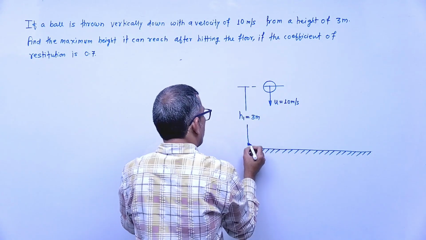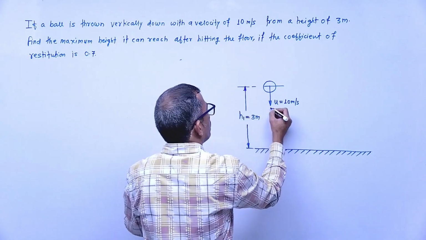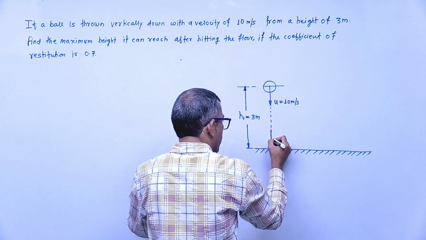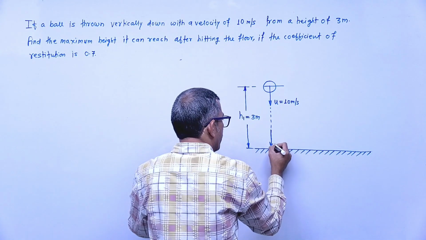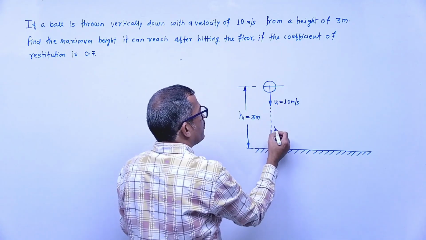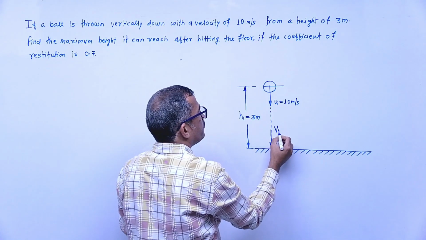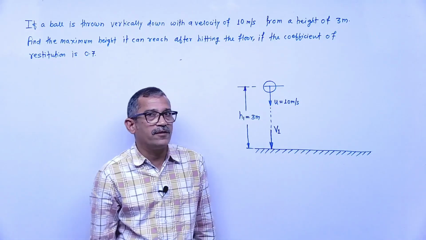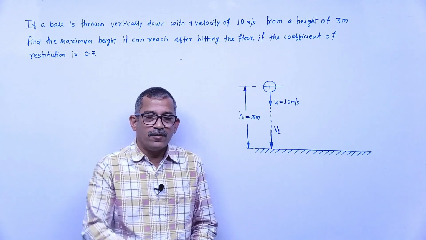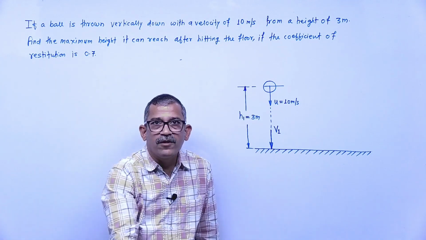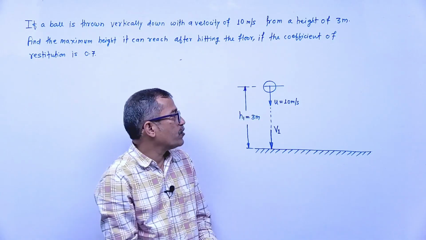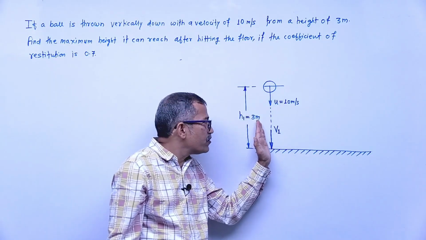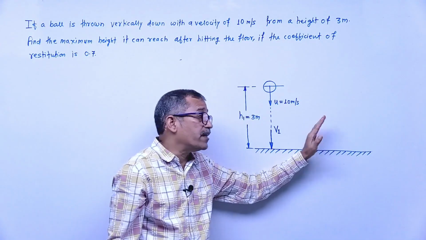Okay, now what will happen? This ball moves in downward direction and strikes the ground, right? Say this is body 1. V1 is the velocity of the ball just before impact. Once it strikes with some velocity, it rebounds in upward direction, on the same vertical line. To avoid confusion, I will represent it on the right side.